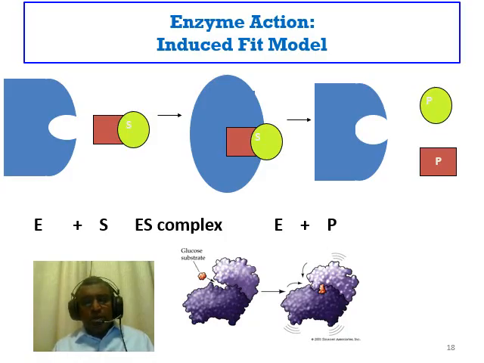At the bottom is part of an actual enzyme, hexokinase or glucokinase, as they call it, in the glycolytic pathway, where once glucose comes close, it changes the shape and accepts only glucose and changes it to glucose 6-phosphate.